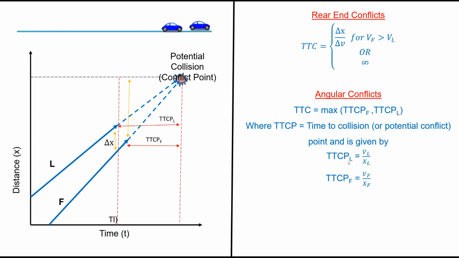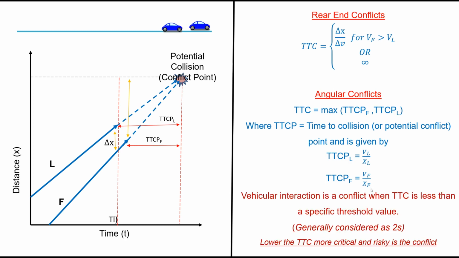So, TTC_PL will be given by distance upon speed for the leading vehicle, and for the following vehicle, TTC_PF will be XF upon VF. Now, this vehicle interaction will result in a conflict when TTC is less than a specified threshold value, and generally it is taken as 2 seconds. But the lower the value of TTC, the more critical and riskier will be the conflict.